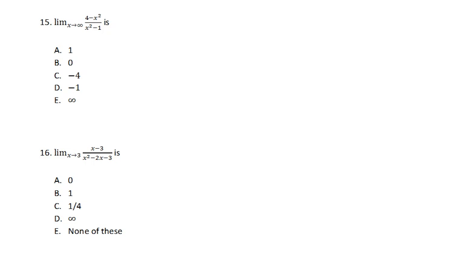And even though 4 is the first number, the leading coefficient means the coefficient of the x variable with the highest power. So we really should rewrite the numerator as negative x squared plus 4 over x squared minus 1, and we're really concerned with negative x squared over x squared, so the horizontal asymptote would be negative 1.